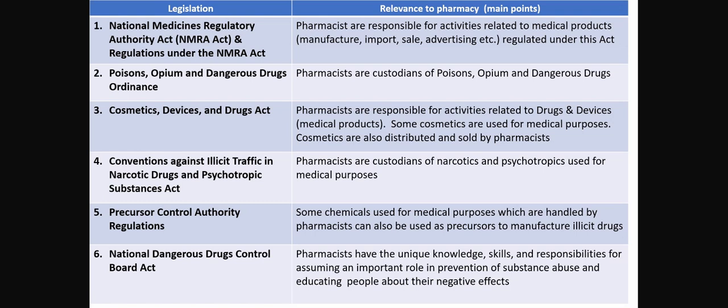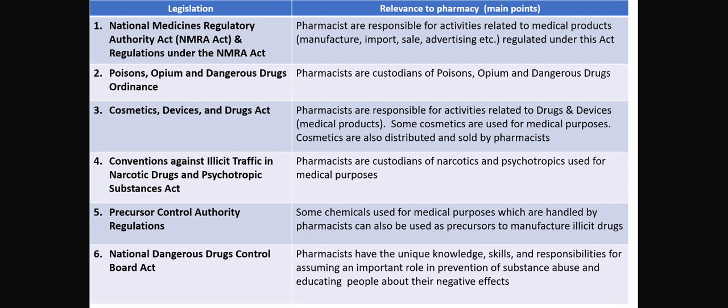Some cosmetics are used for medical purposes, right? Illicit traffic in narcotic drugs and psychotropics: pharmacists are custodians of narcotics and psychotropics used for medical purposes. And Precursor Control Authority: some chemicals used for medical purposes, handled by pharmacists, can also be used as precursors to manufacture illicit drugs, right?